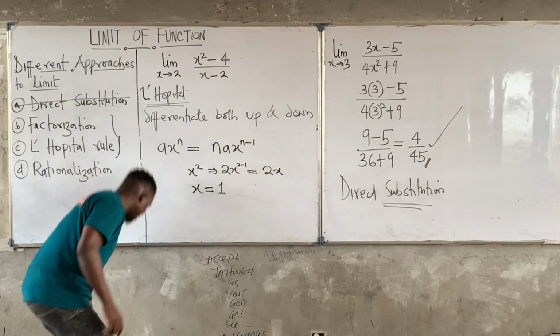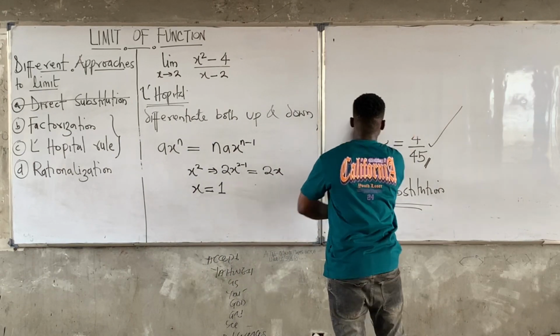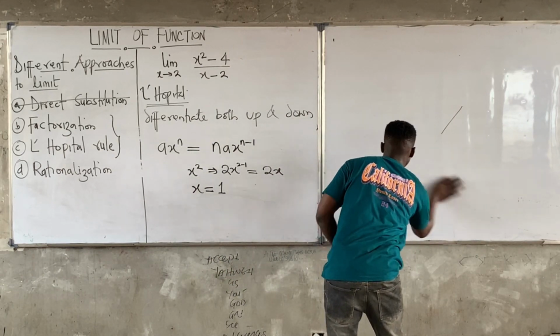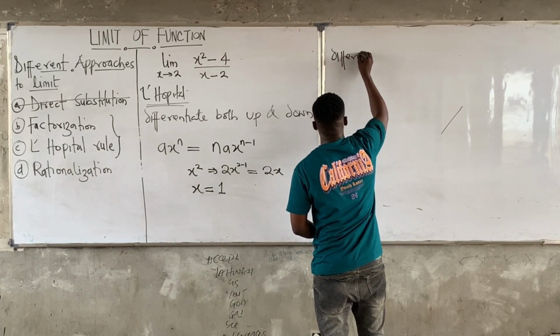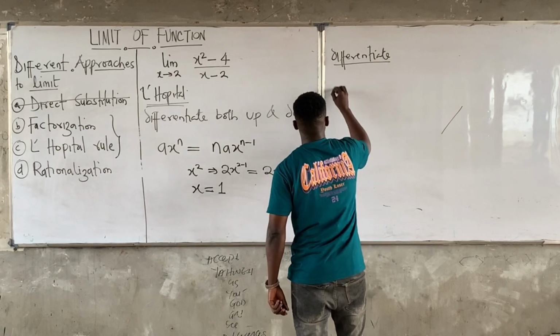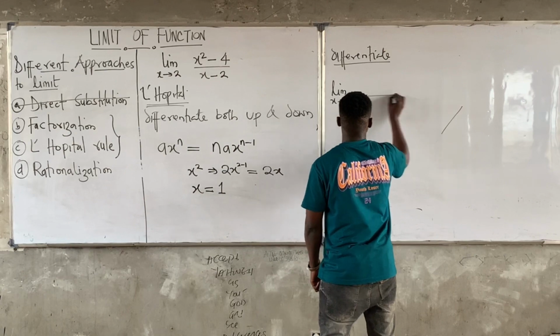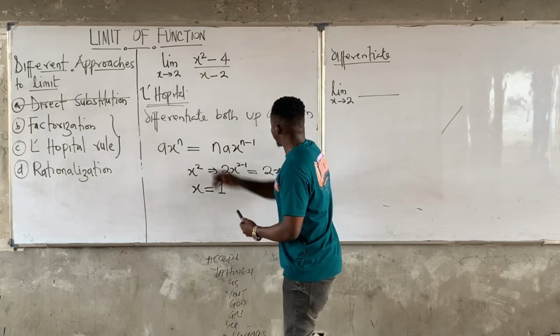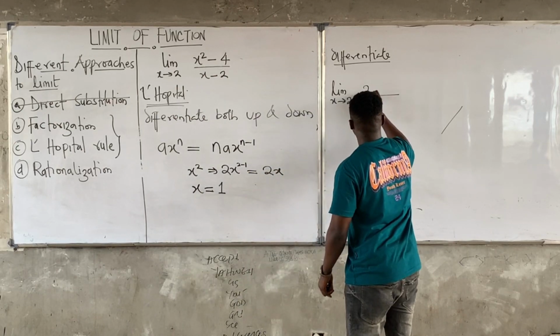So according to L'Hopital, I'll come here and differentiate. This becomes the limit as x tends to 2. When you differentiate x squared, you have 2x.